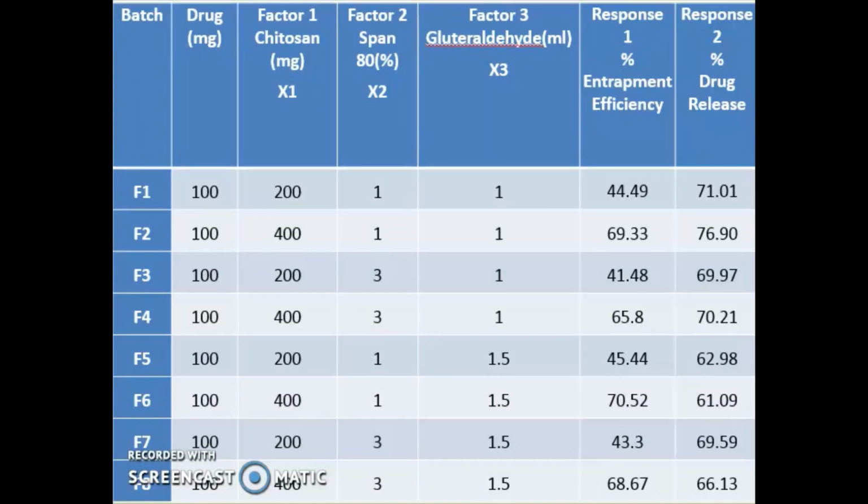As shown in this figure, the percent entrapment efficiency and the percent drug release were determined for all the batches and put into Design Expert software version 8, or the advanced version can also be utilized.